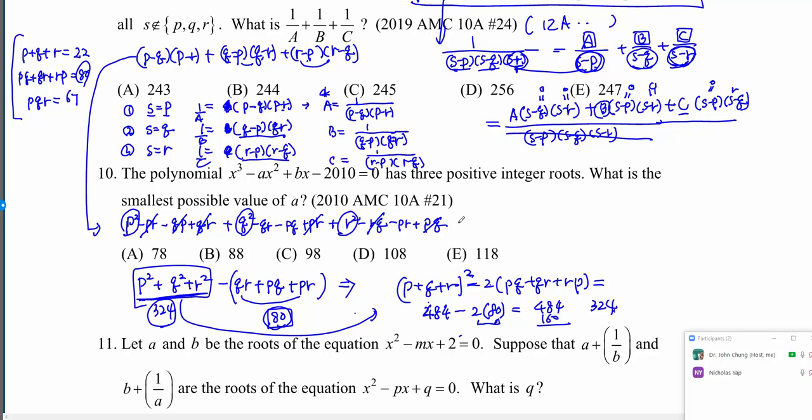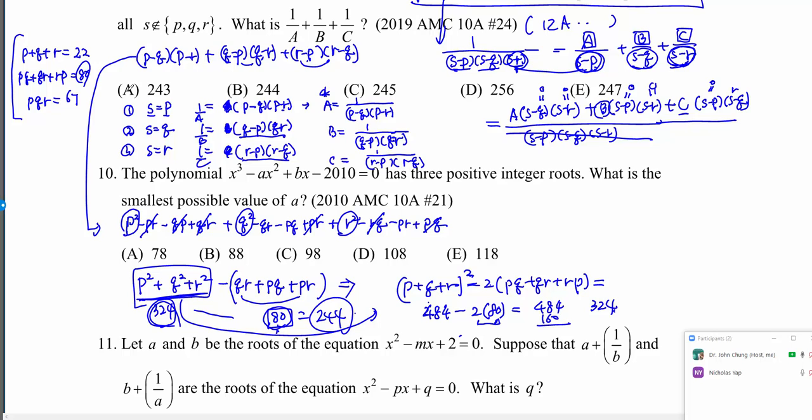Oh, there's no answer. What happened? 324 minus 244, right? 300 minus 244. Oh, we don't have answer there. Oh, no, over here. Oh, I'm sorry.